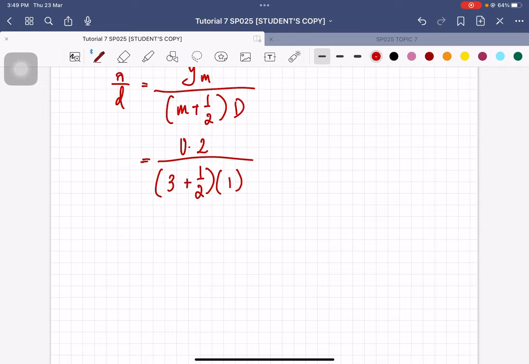Right. So the ratio of wavelength and the slit separation is then equal to 2.86 times 10 negative 2. Since dia tanya pasal ratio and they have the same unit, there is no unit for the final answer.